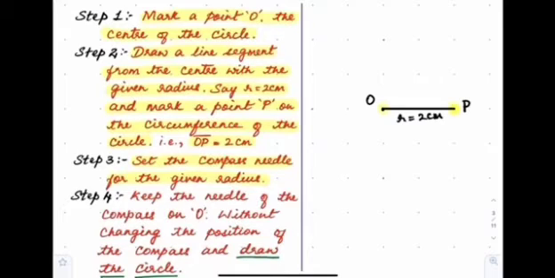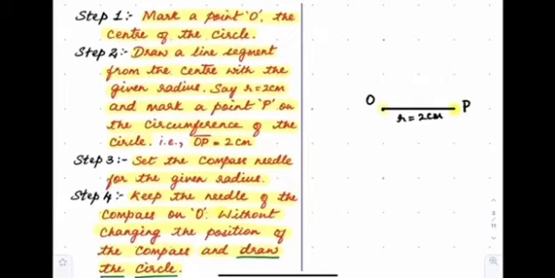Now, what is the next step? Keep the needle of the compass on O, and without changing the position of the compass, draw the circle. Clear, children? So, without changing the distance or the position of the compass, we need to draw a circle.